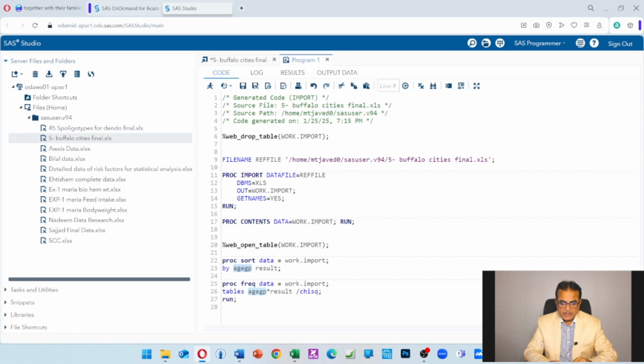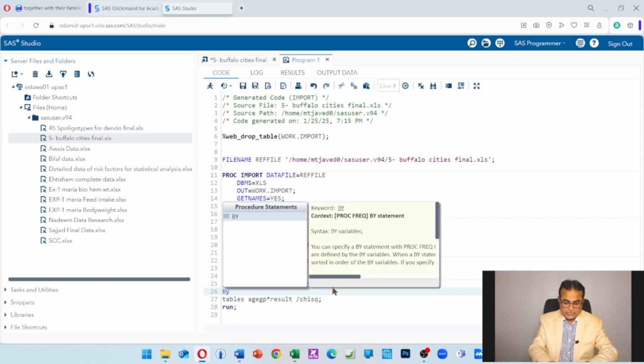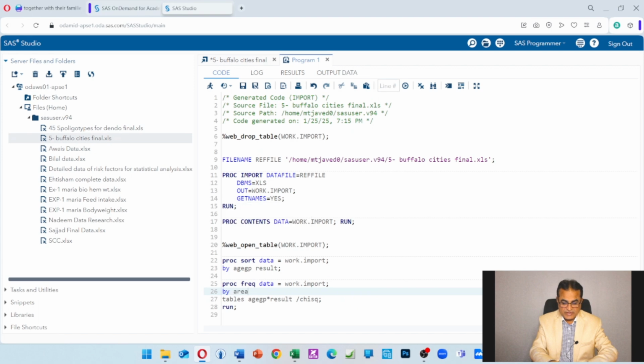One thing more, you can add area here. You remember we conducted these studies in two cities. So you can use a by variable, and with area it will generate results for each.